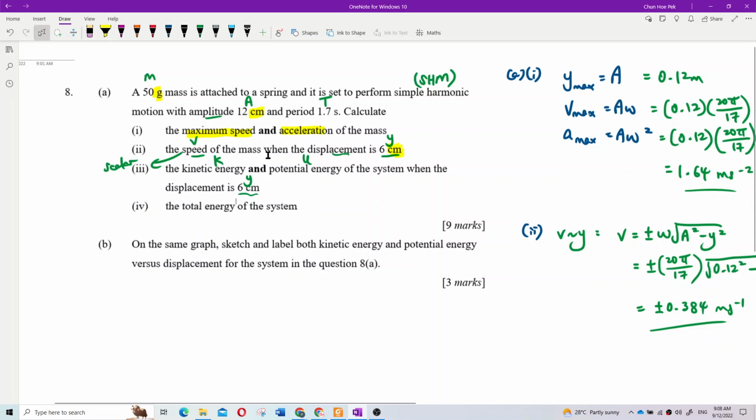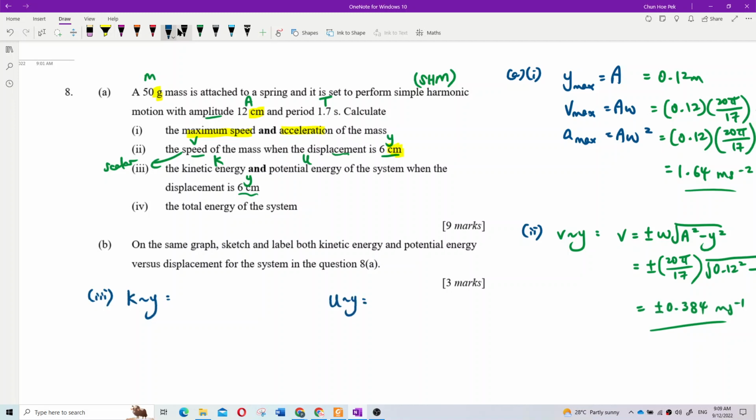So be careful, read the question carefully. You use the kinetic energy versus displacement formula, and then the potential energy versus displacement formula.